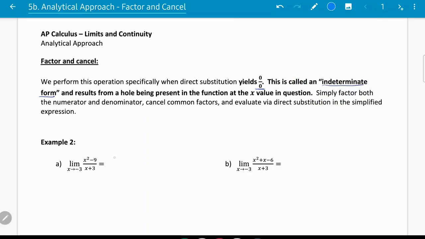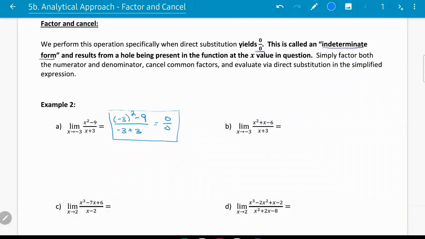So if I substitute in -3, I have -3 squared minus 9 over -3 plus 3, and that gives me a 0 over 0. So this is not sufficient evidence to show that the limit is 0 over 0, and we will cover this a little bit more when we get to that point.